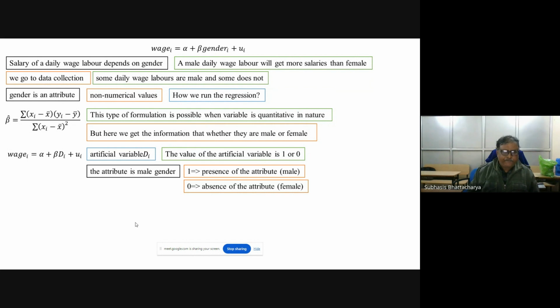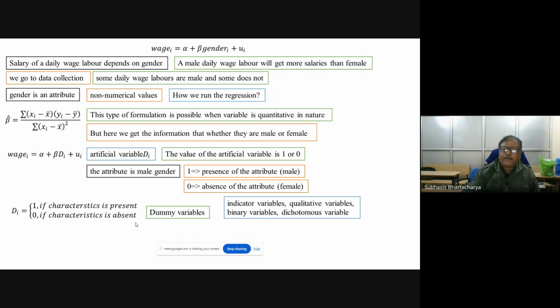So we frame Di in such a way that if it is 1, we consider male gender as the attribute, so the characteristic is present, and 0 means the characteristic is absent. Then it is called a dummy variable, an artificial variable. There are several other names also: indicator variable, qualitative variable, binary variable, dichotomous variable, categorical variable.